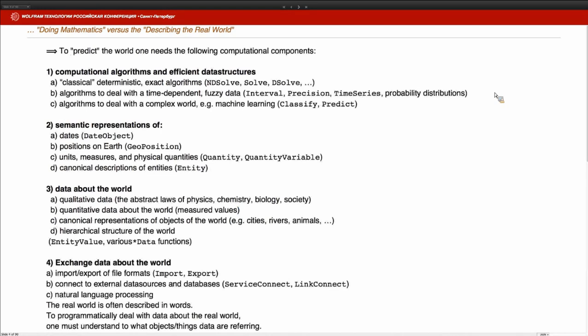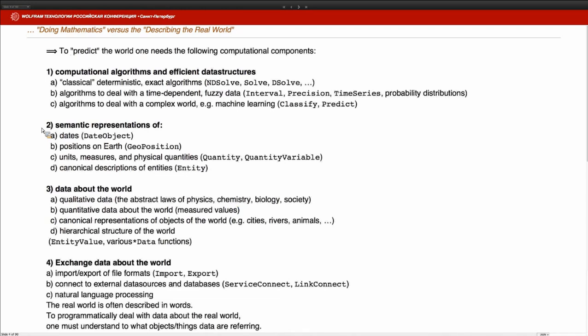But we also need things like time series and probability distributions, because frequently real-world data are not quite exact, they are fuzzy. And because of their fuzziness, machine learning techniques are of increasing importance, where we have the first two functions, Classify and Predict.